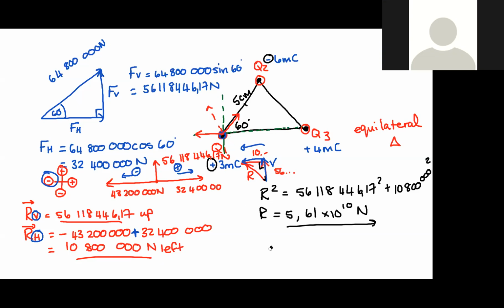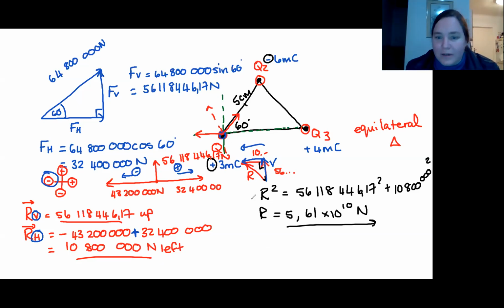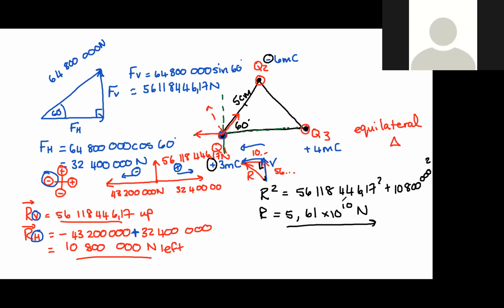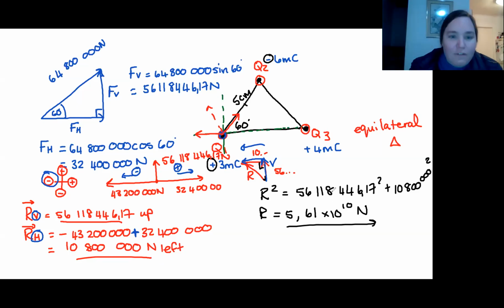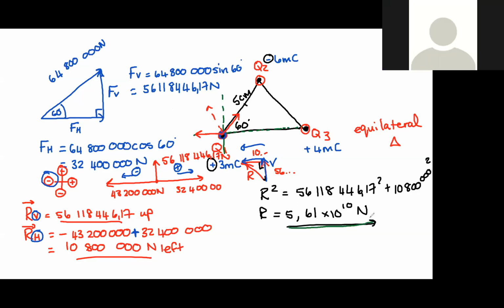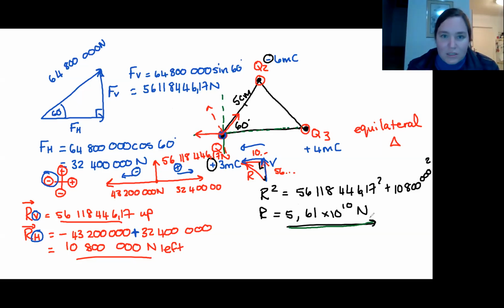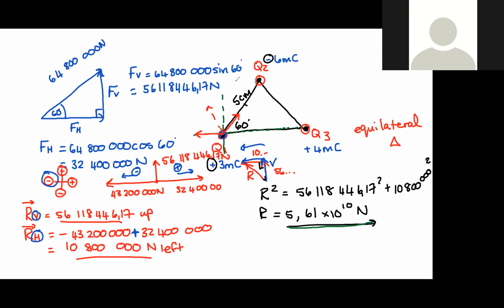For your calculation of R, when I worked it out myself, I got a different answer. Okay, which one? Yeah, this one. R is equal to 5.61. The final value. Okay, let me go back. I may have rounded it. Let's just quickly check. No, that's completely different from the answer I got.